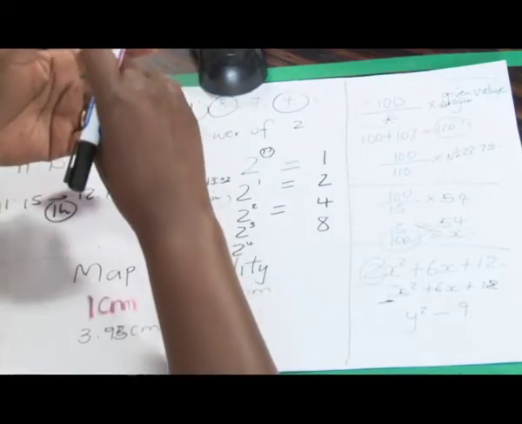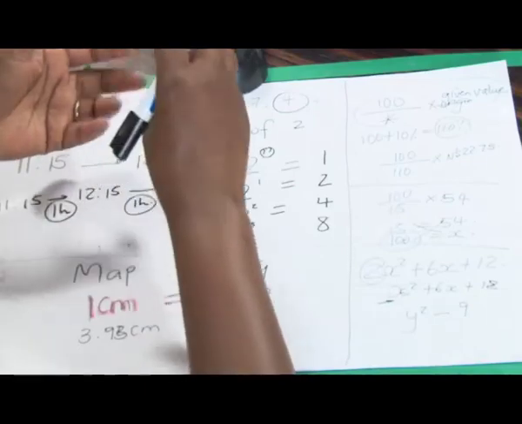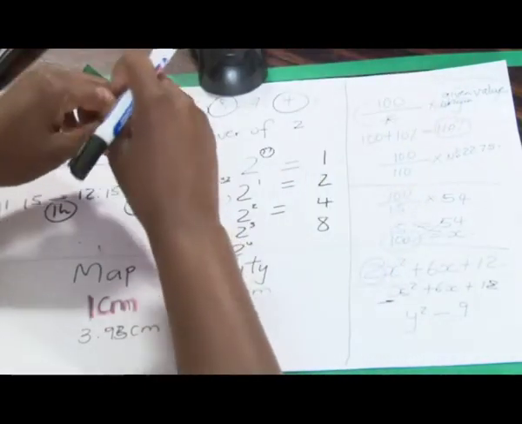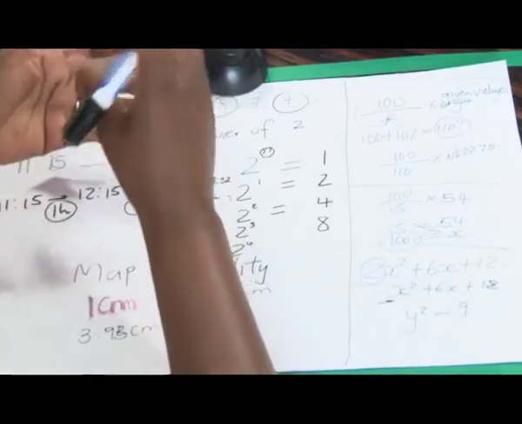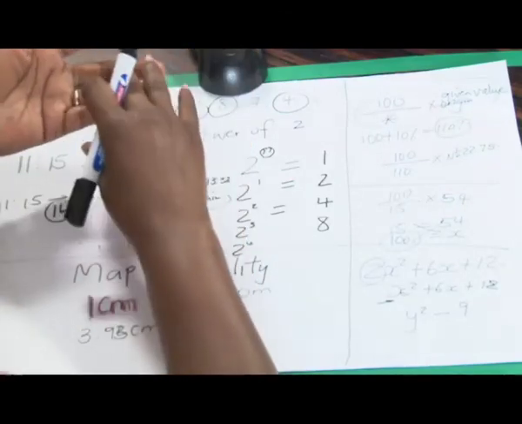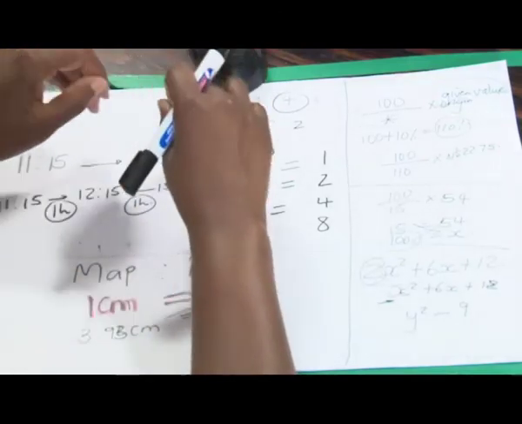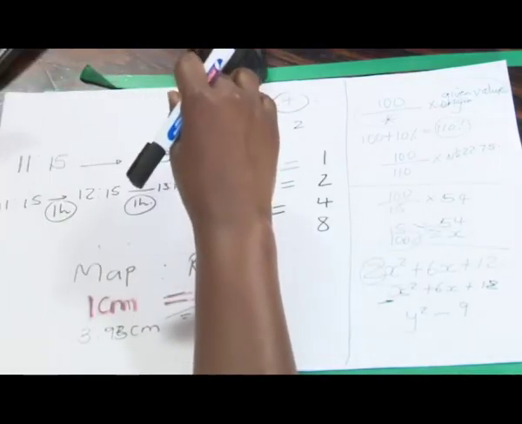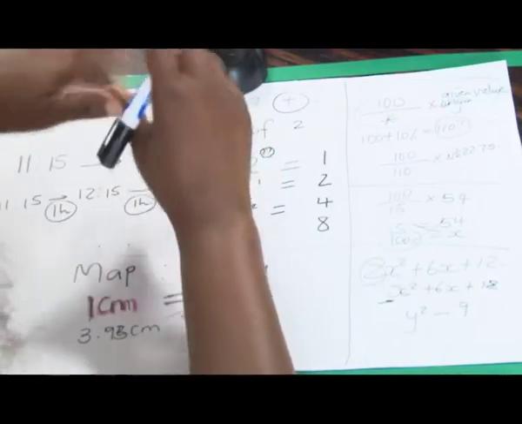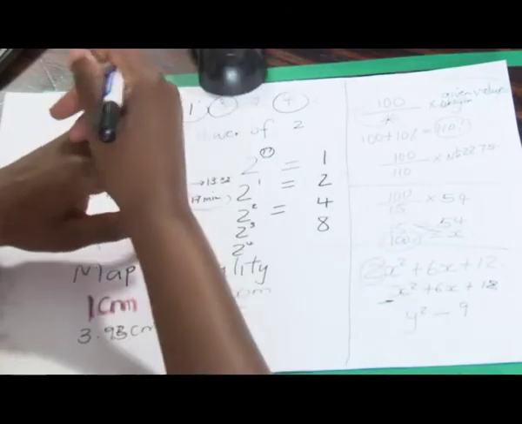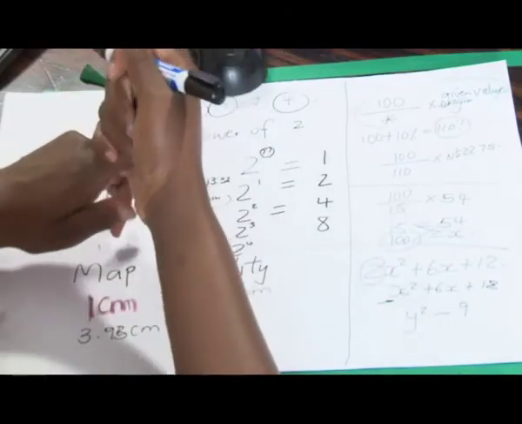You should know how to change numbers written in index notation to logarithmic form and vice versa. You should know the logarithmic laws, product, power law, and the quotient law, and how to work with them to solve problems. So these are the two things: exponent rules or laws of indices, and logarithmic rules.